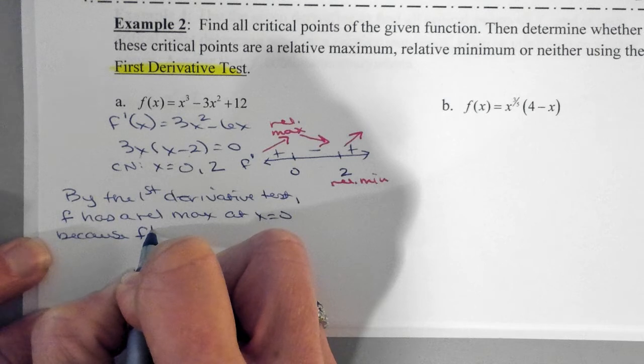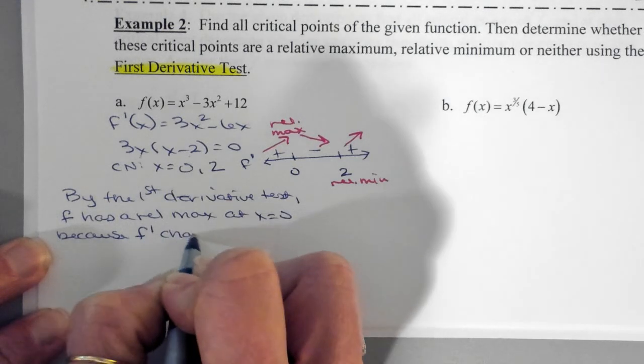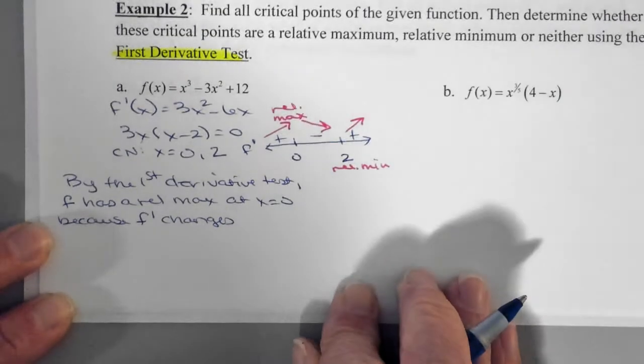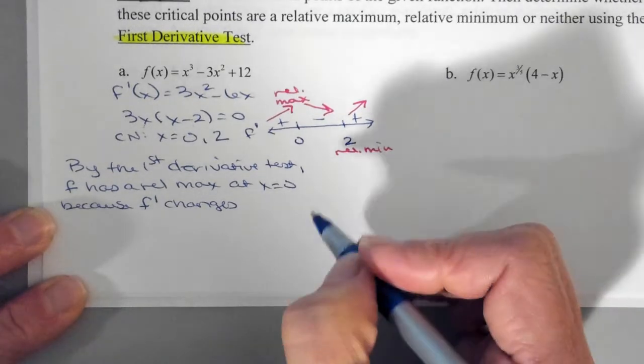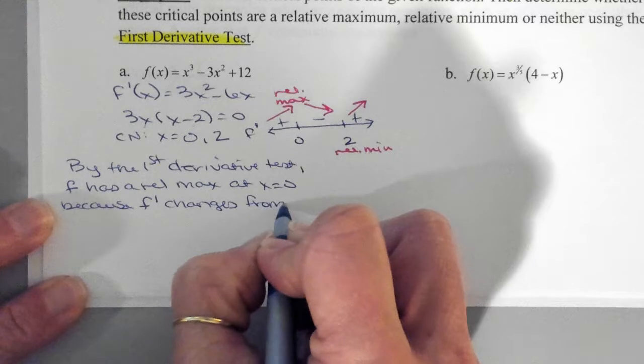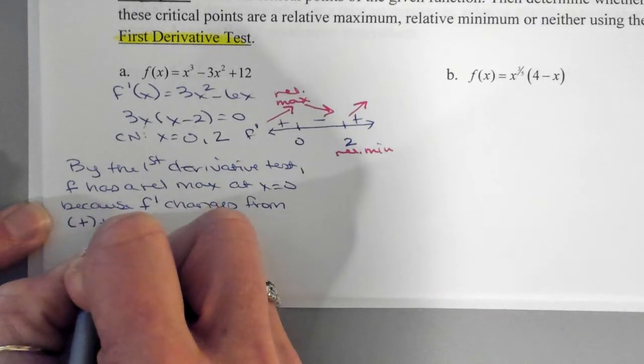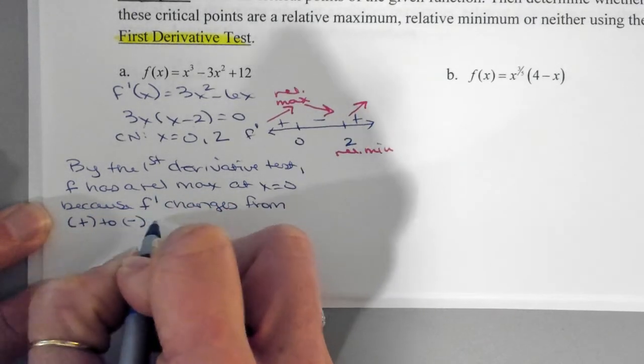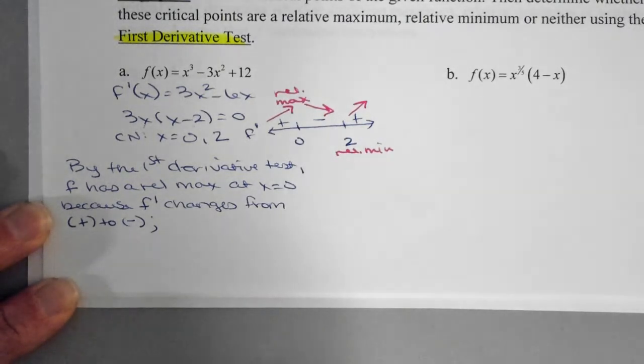F prime changes, this is where you have to be specific. F prime changes from what to what? From, and we can write it like this, positive to negative. That's your first part.